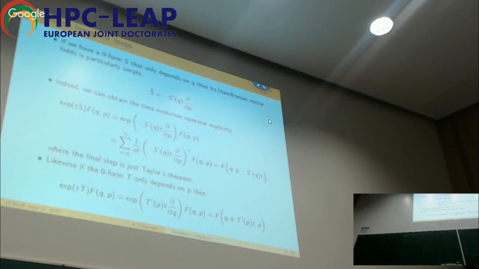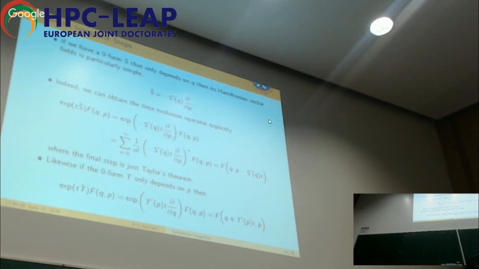The exponential of something takes a generator of an infinitesimal shift and exponentiates it into a finite shift. The last step is just a Taylor series: I'm expanding at fixed q, as a function of the second argument only, p minus S prime of q times t, in powers of t. And I get this on the left. That's why this exponential operator corresponds to a finite shift in the p coordinate.